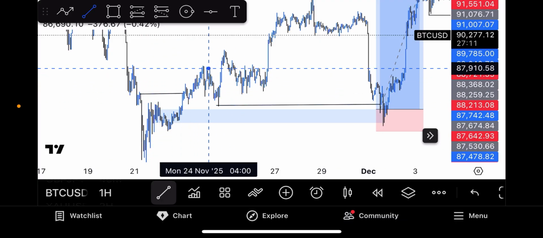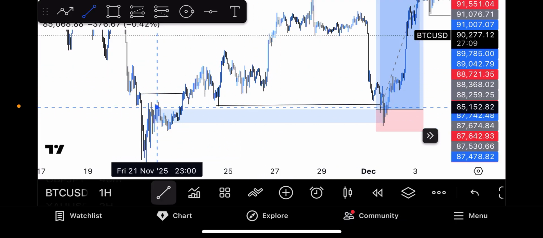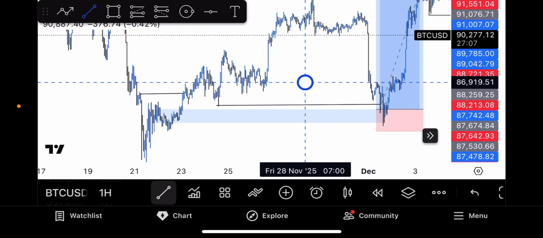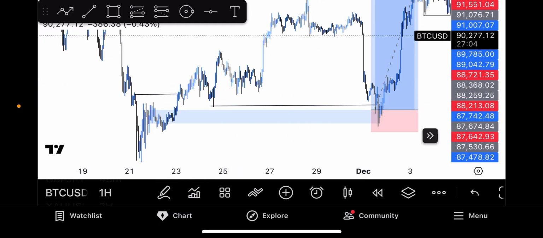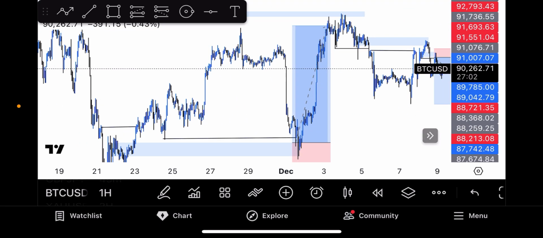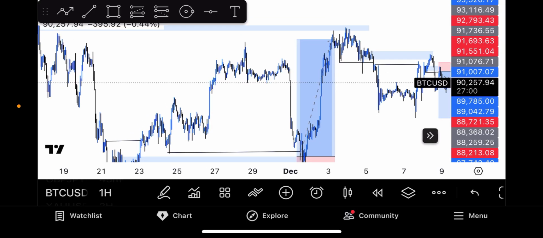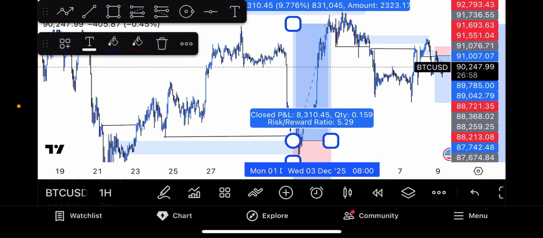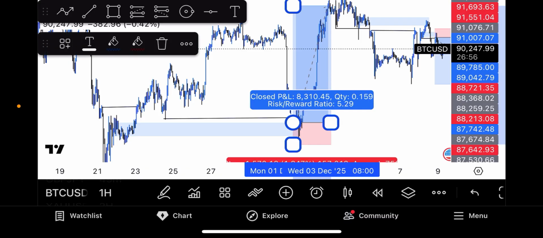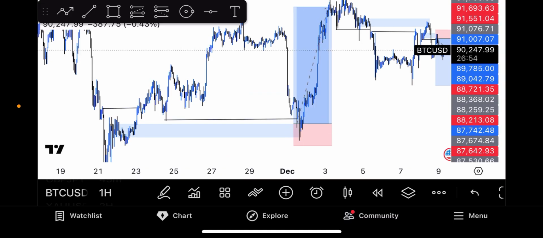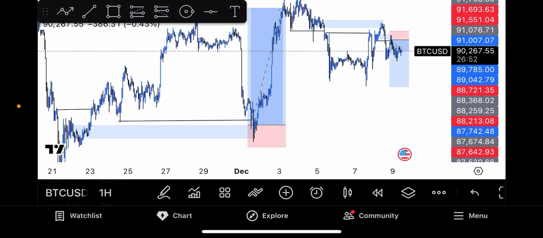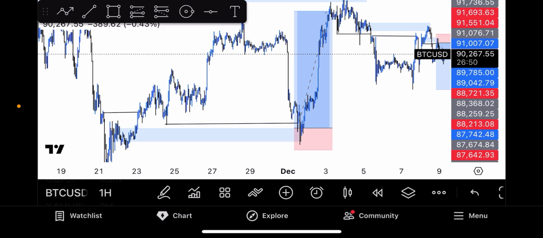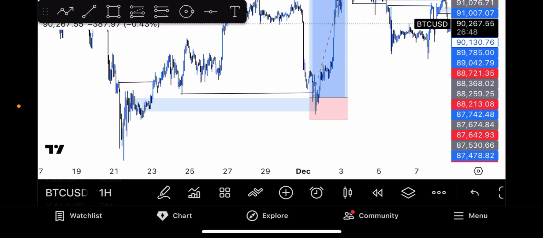I could see my inducement, then point of interest. That was how I took the trade, and I targeted the nearest draw on liquidity. This is a 1 to 5 risk-to-reward. So that is it for market structure shift for an uptrend and downtrend.